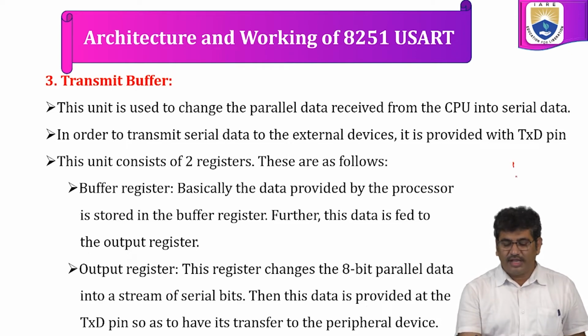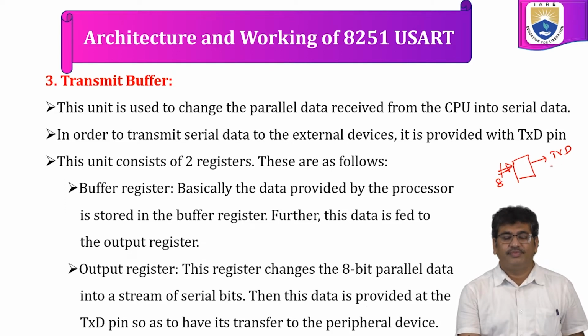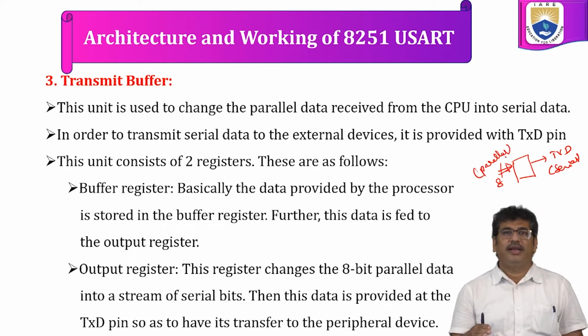So for the transmit buffer, the output is the TXD line. The data received from the processor is of 8-bit size, and the data is going to be transmitted serially, whereas the input data is parallel data, so it will convert the parallel data into serial data.